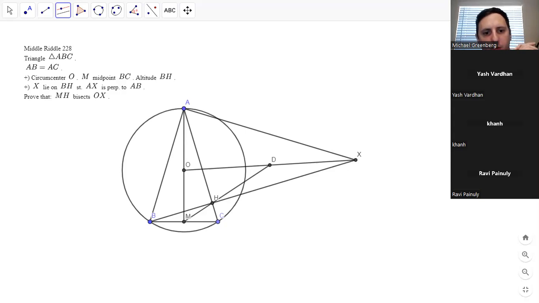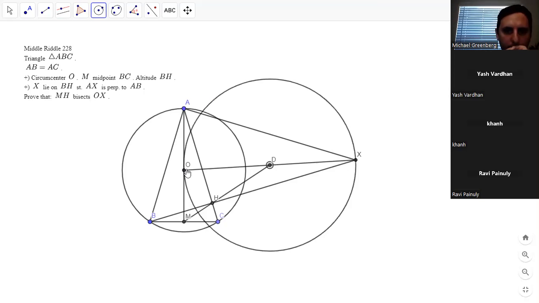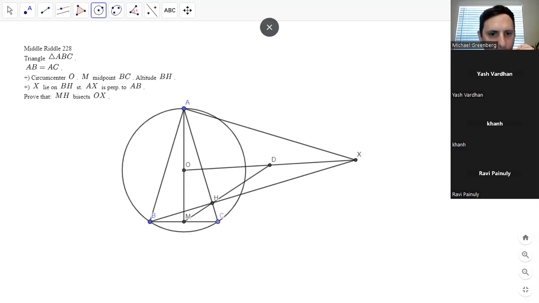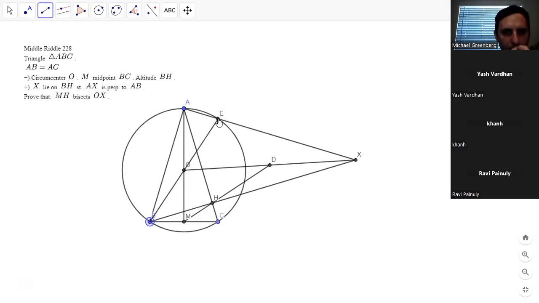Can we use similar triangles? So we want to show D is the midpoint of OX. Let's see. So I drew the diagram, right? Let me draw this. You know that E is the antipode.